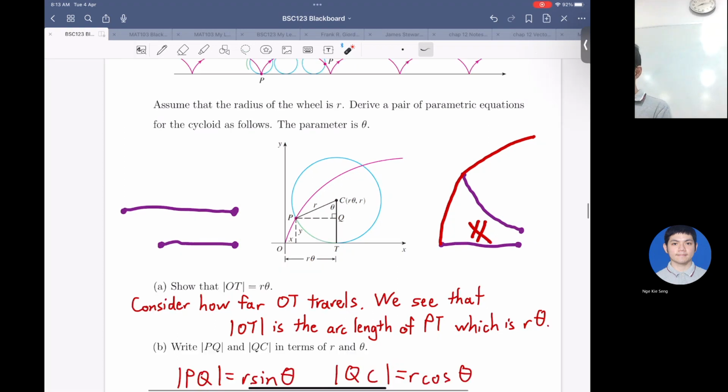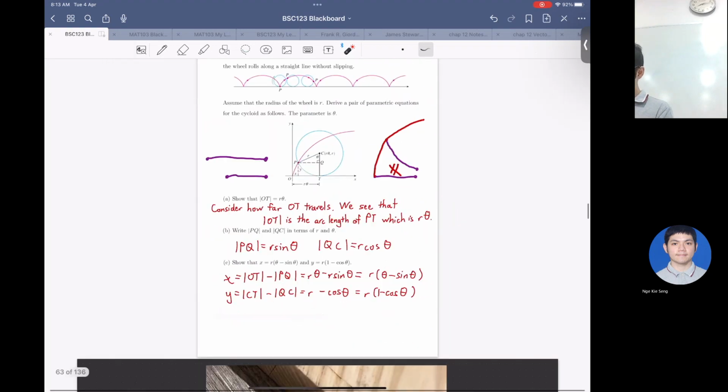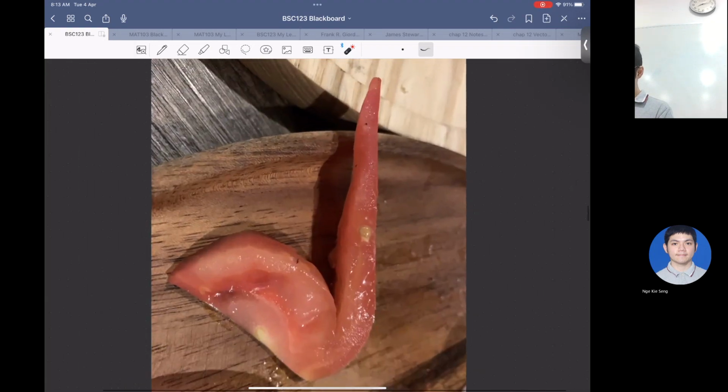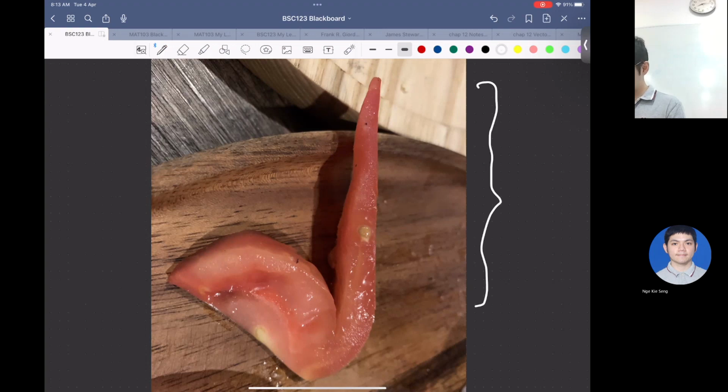So I give you a very real life example. That day I went to a restaurant and then I saw this. This is like a tomato that got sliced. So what I want to say is this part here. Let me draw it out. This part here is the same as the arc here, so let me write OT here.